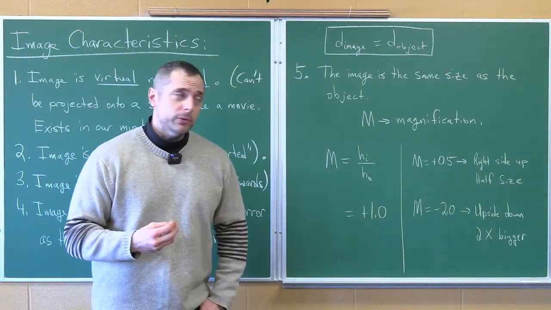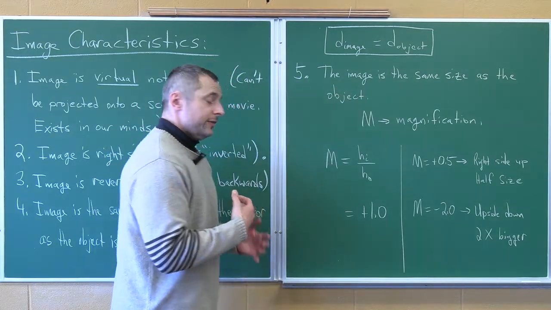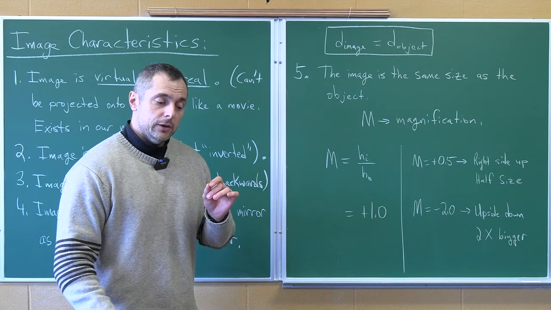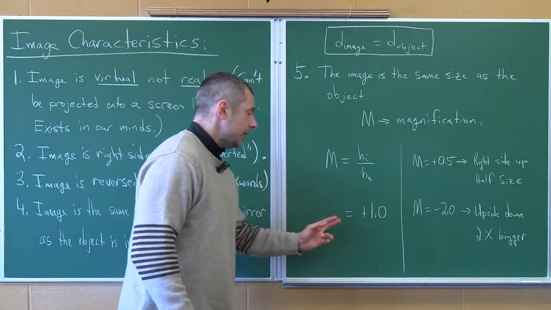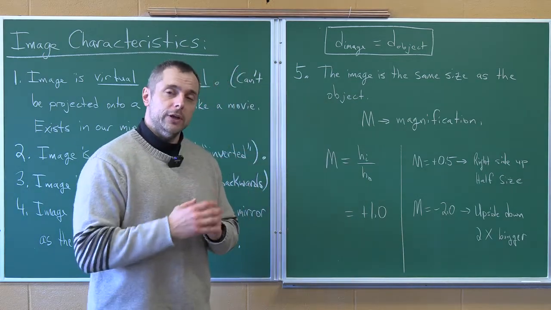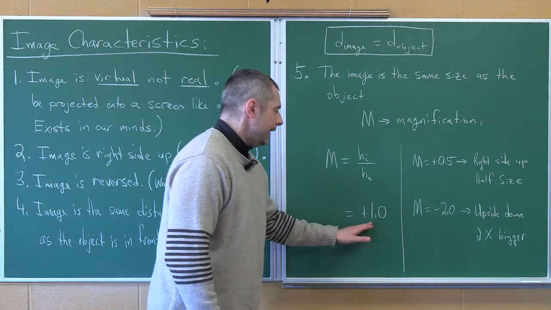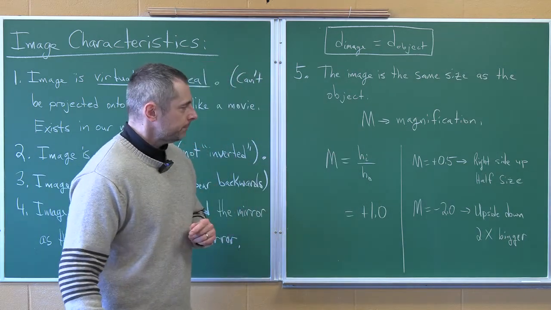And in our example, when the image is the same size and it's right side up, we can express that by writing that the magnification is +1. Positive meaning the image is the same orientation, not upside down, and it's the same size. The ratio of heights is the same.